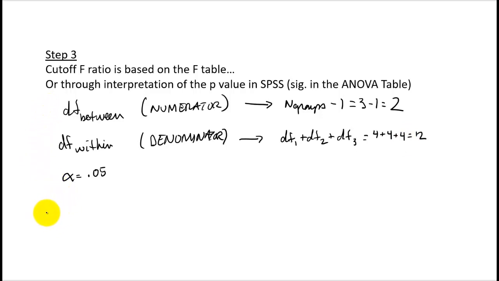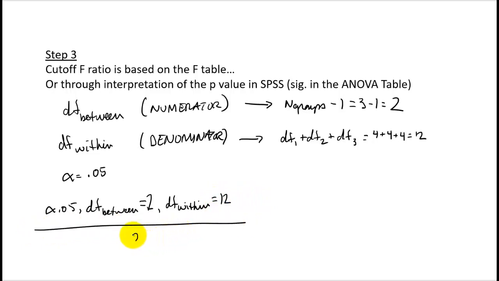For an alpha level of 0.05, degrees of freedom between, which is my numerator, equal to 2, degrees of freedom within equal to 12, my cutoff is equal to 3.89.